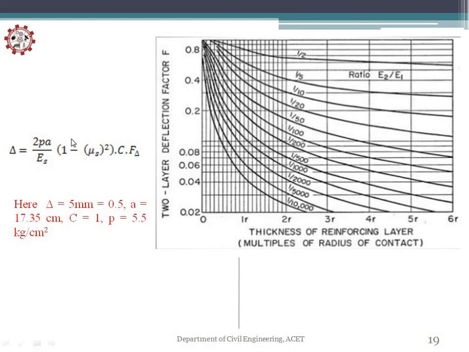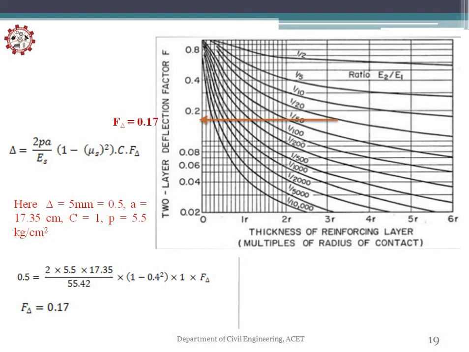Here in the last case, remember, whenever we are using this formula, C is equal to 1 when we are calculating the value of Z. Okay, so here again F delta we need to calculate. Substituting all the values in case number 3, we will get the deflection equals 0.17.